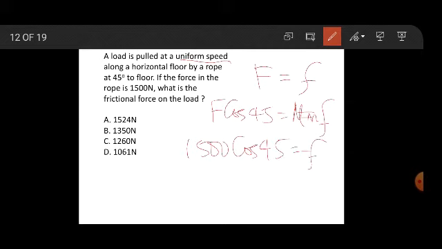So if I use my calculator to find 1500 times cos 45, it's giving me 1060.66, which is of course approximately 1061 newtons.